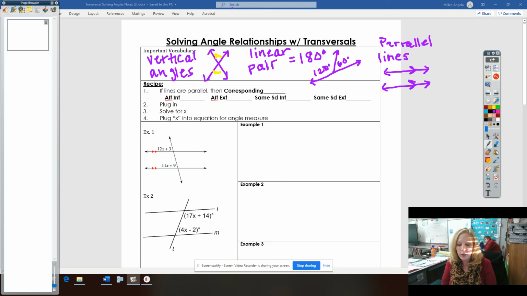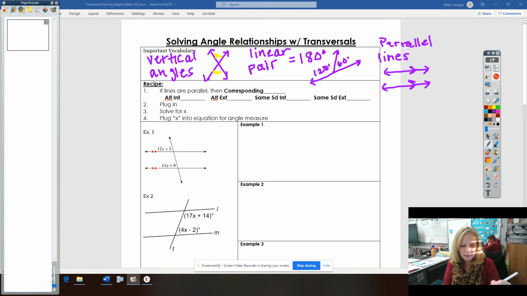So when you see those double arrows, that lets you know that they are parallel. And the reason I'm telling you that is because the angles we're working with today, if the two lines cut by the transversal are parallel, then the angle relationships are going to be true.